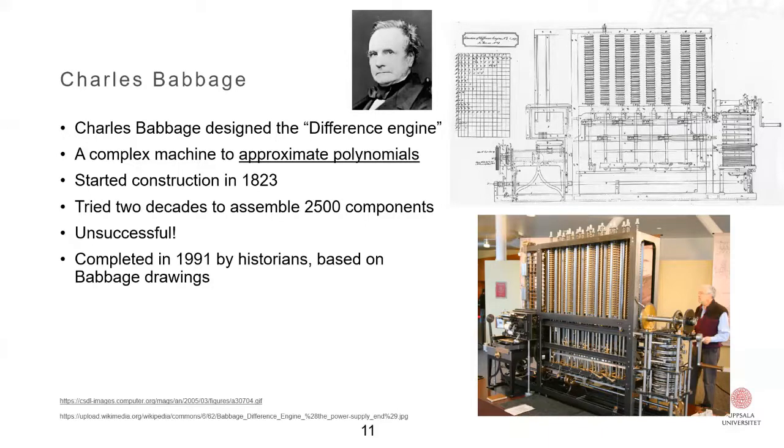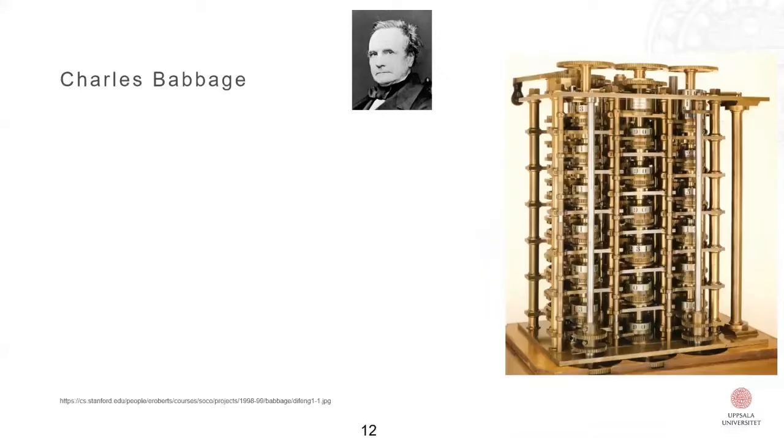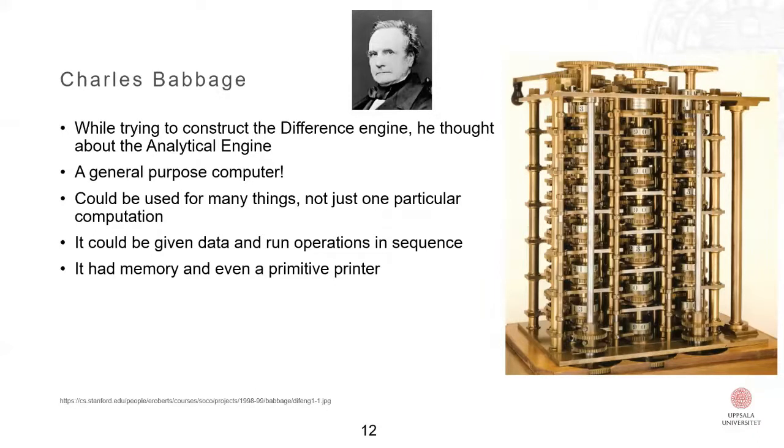Even at the time he was working on the difference engine, he was thinking about another machine, which was called the analytical engine. The analytical engine was not just for approximating polynomials, it was actually a general purpose computer, meaning that it would do different sorts of computations, not just polynomials, and not just for a particular computation.